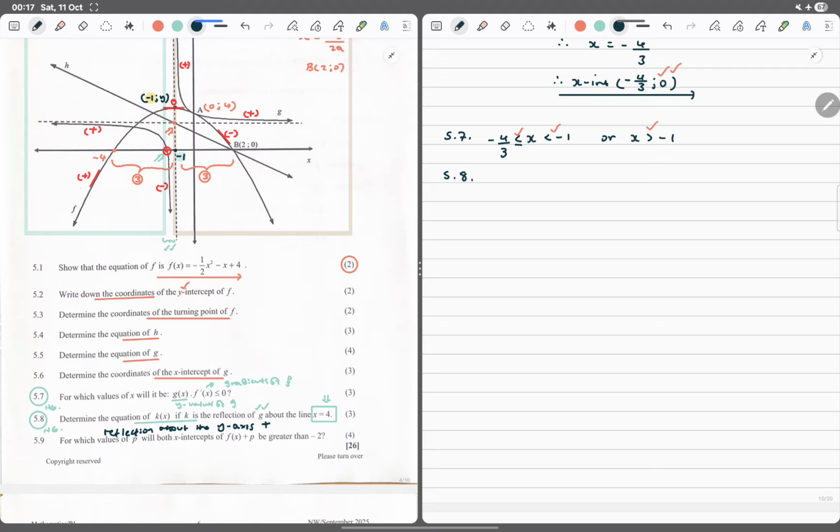And we're going to have a horizontal translation or shift. Okay, so there's horizontal things here, horizontal reflection as well as a translation.